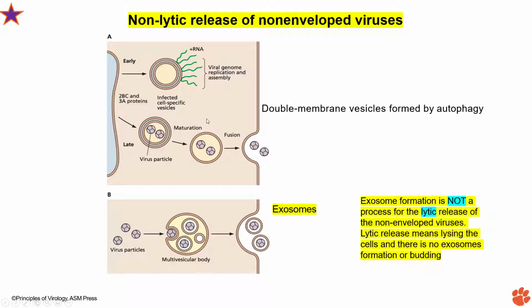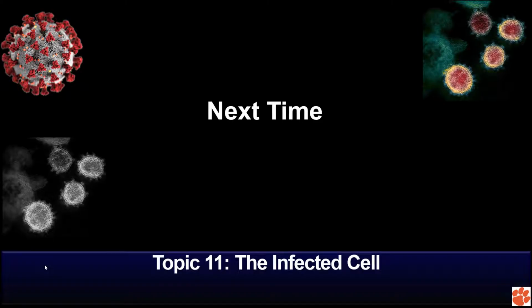Here, the cell is not lysed. The cell is alive, and you are just budding this multivesicular body into the exosomes. If we ask about a non-enveloped virus which is a lytic virus, this means the whole cell will burst and lyse, and the virions will be released. Exosome is not a method for that. So just distinguish these two words, lytic versus non-lytic, and what is being asked.